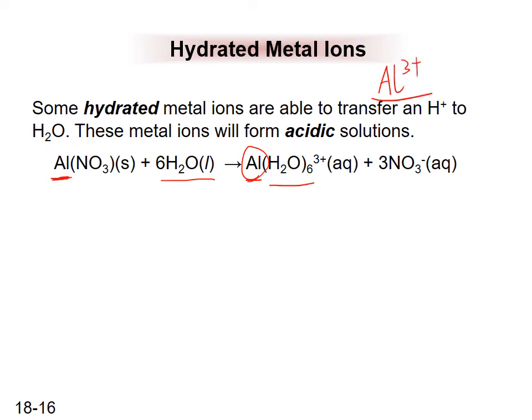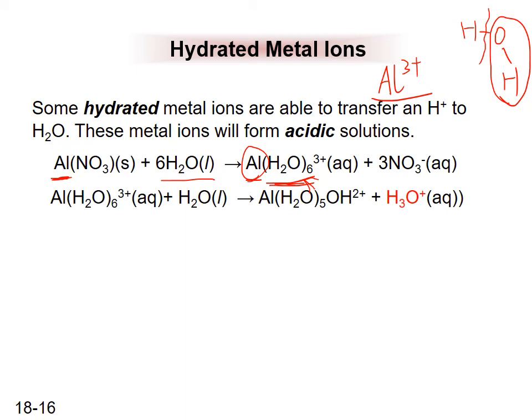So it will be more stabilized by a negatively charged ion instead of a neutral water molecule. What happens is one of the water molecules will break its hydrogen-oxygen bond so that it forms a hydroxide. And so one of the waters becomes a hydroxide.